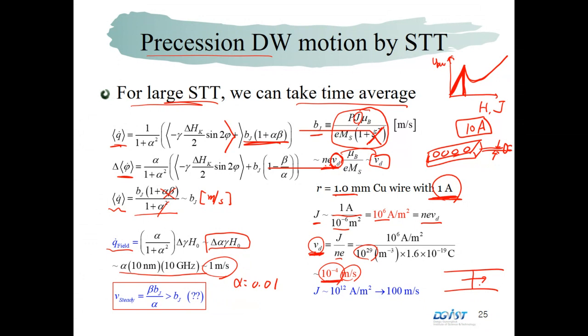So anyway, this motion is quite slow. But if we increase the current density to 10 to the 12, that means we can multiply. Now we are at 10 to the minus 5 here. So we can multiply by a million to here. We can obtain 100 meter per sec.